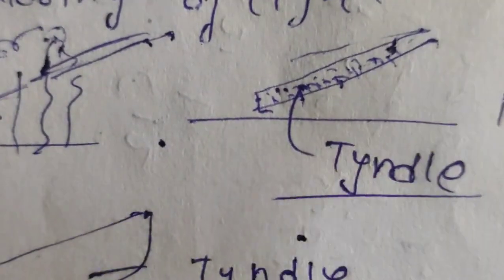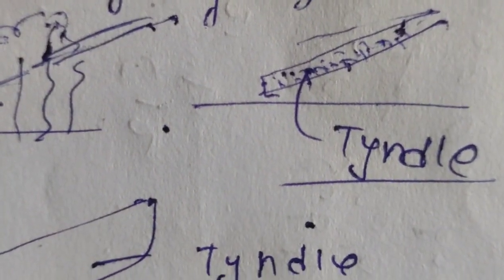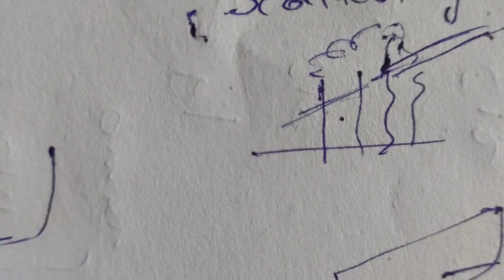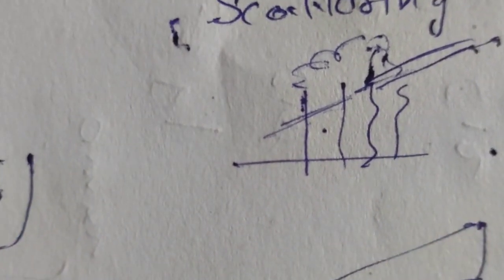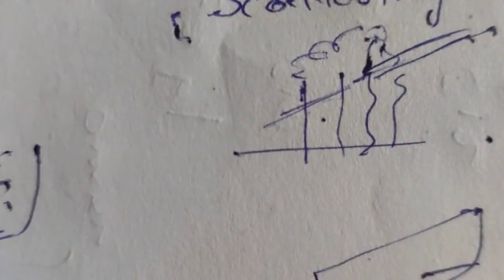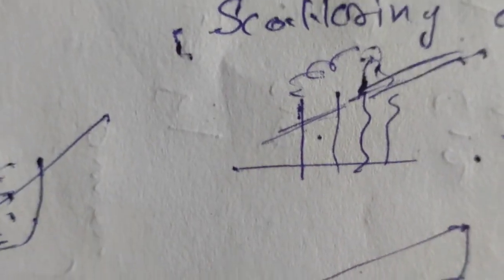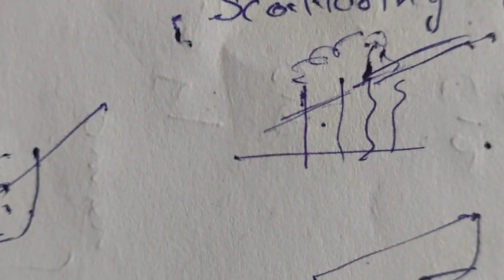Looking at the Tyndall effect another way, for example, we have a solution which is not a true solution. In that case, we have colloidal particles, sol particles in it. When we put a light beam on it, we clearly see the path of light.